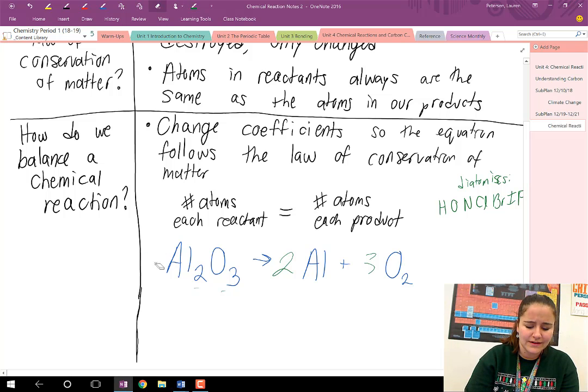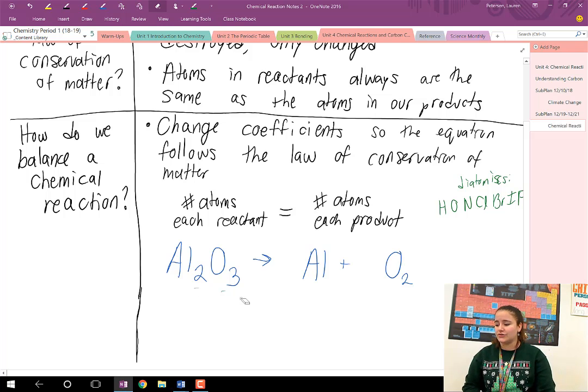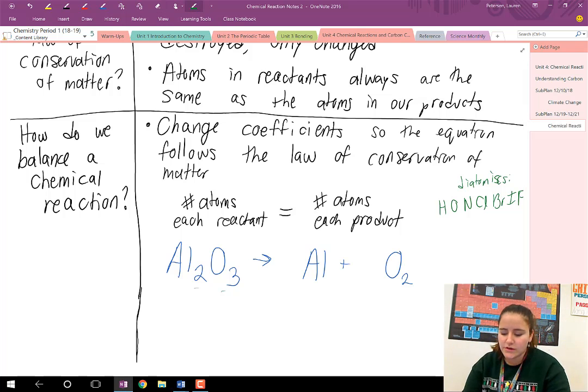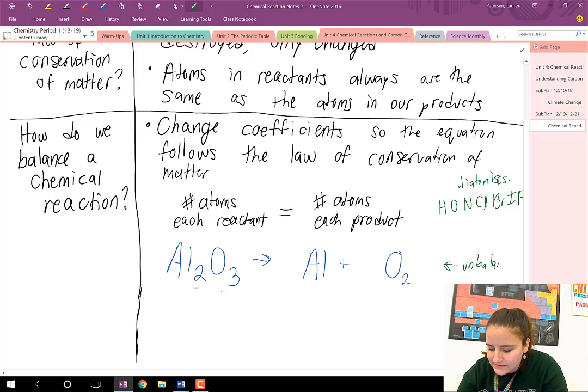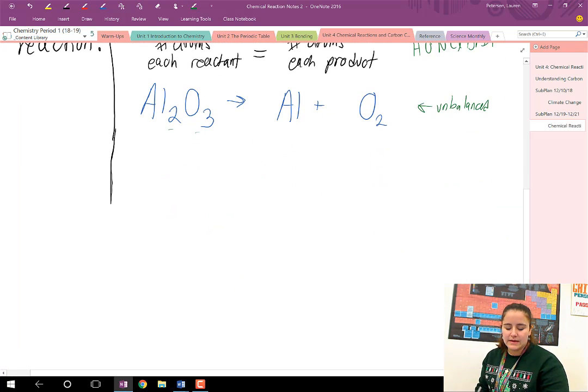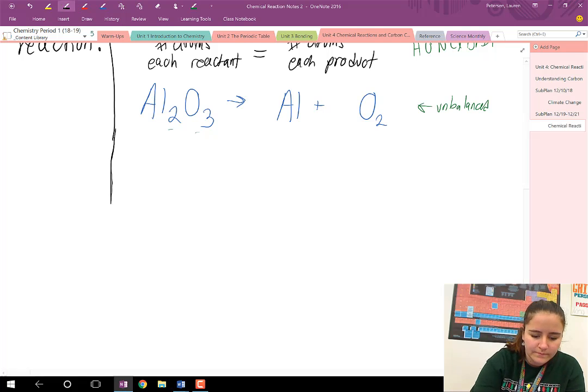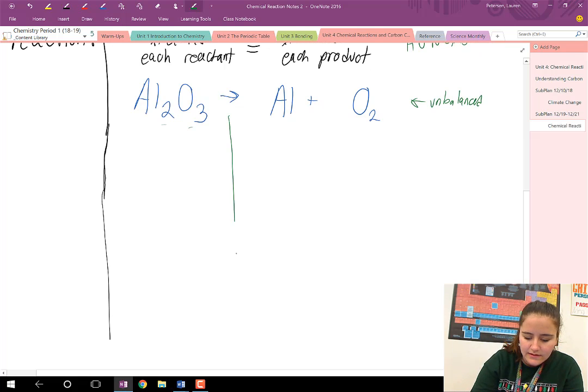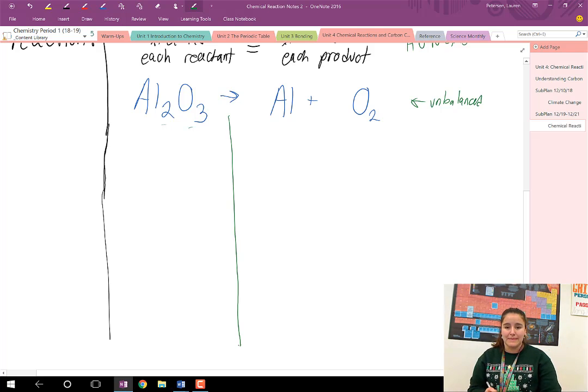But if you're not quite there yet and you're like, what are you doing, Miss Peterson? I haven't understood this at all. Okay, I'm going to show you guys a trick I call the brick method. Okay, so right now we are looking at an unbalanced reaction. So one way we can balance it is I'm going to draw a line down the middle of my page.